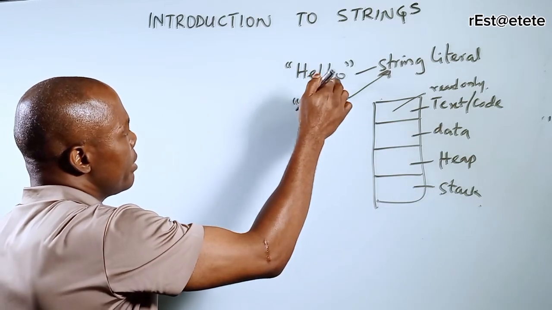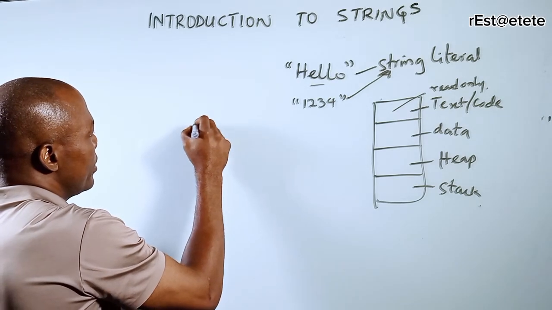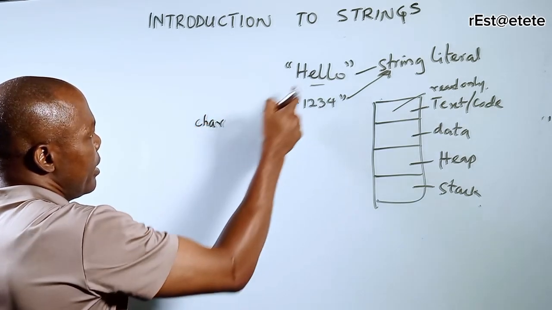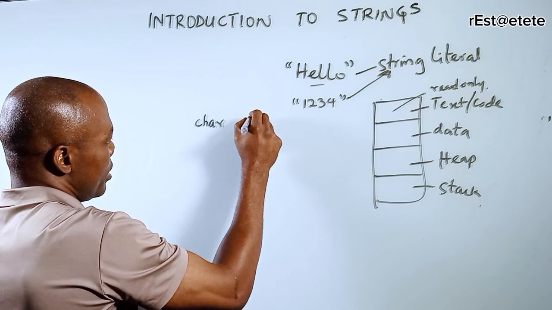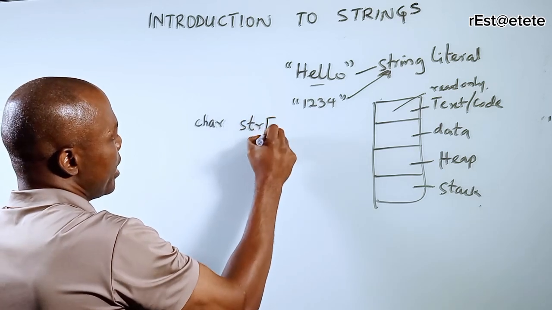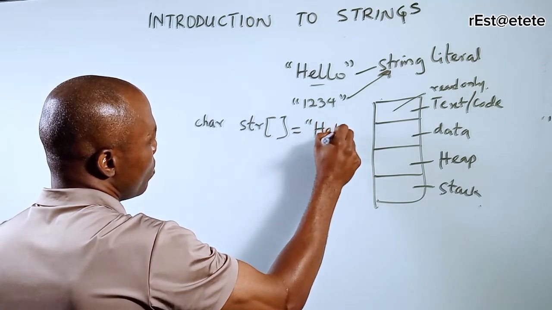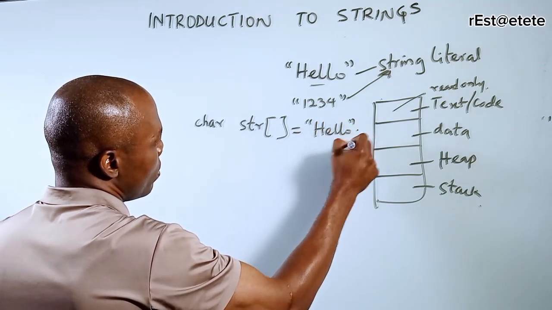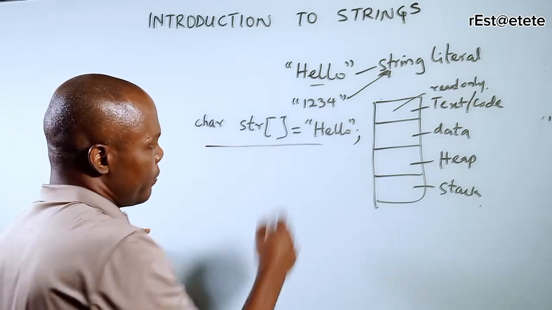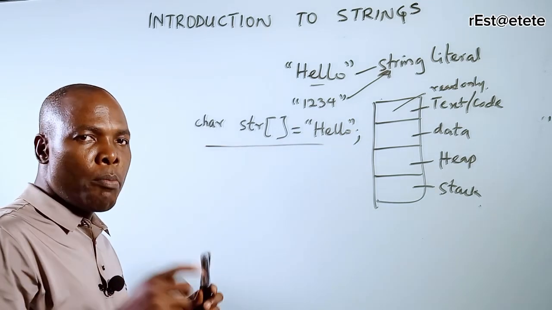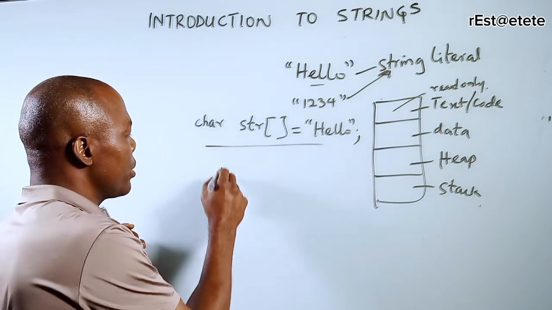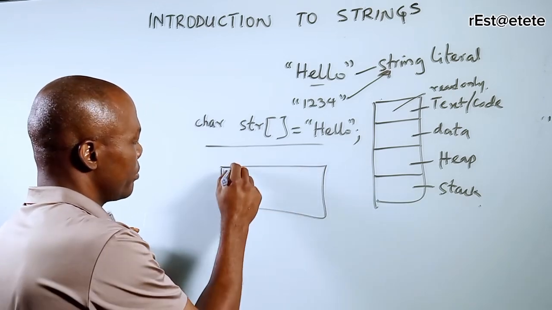Now, if I say char, then I give it a name, say string, right? And I do this, and I say "hello". This is my definition. Now, the compiler will automatically store it in memory this way.